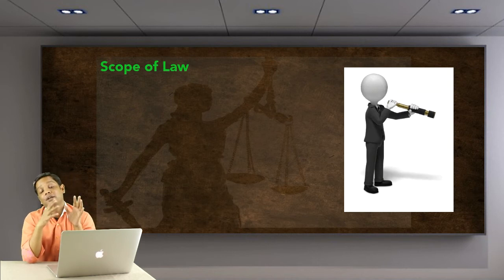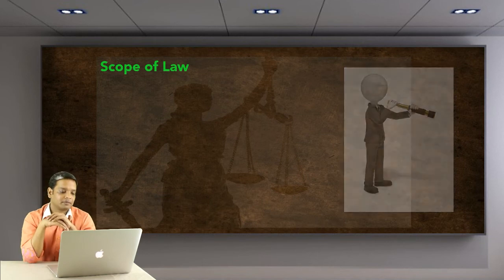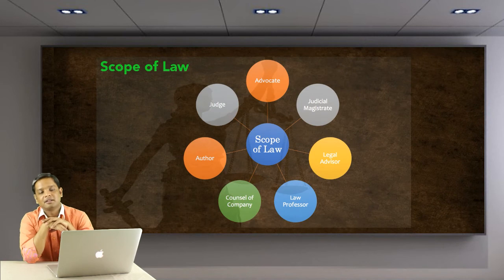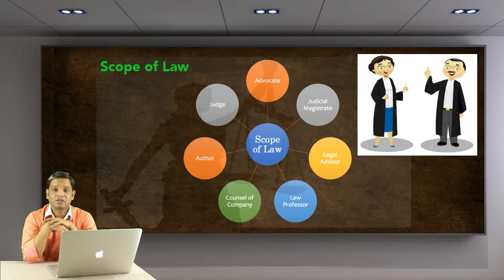Accordingly, or basically based on your interest, you can choose. So as you can see here, this diagram, it is very nicely designed. The first one is advocate, talking about the litigation kind of things, of course. And that is the thing that everyone knows about. Scope of law, you can become an advocate, you can go to the court, practice the law.